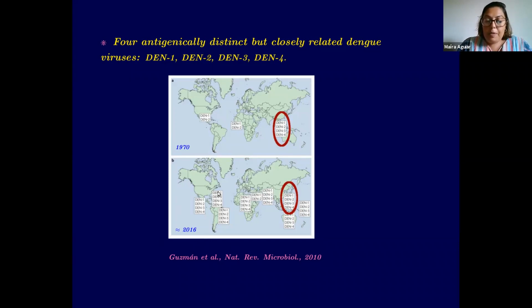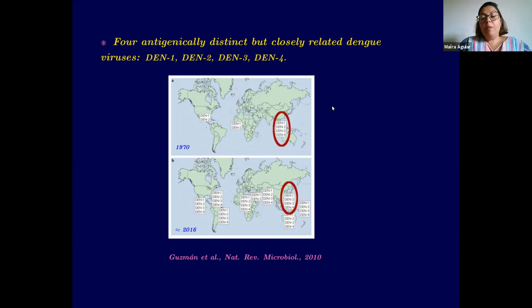So the 4 serotypes are now co-circulating in many parts of the world. This map also highlights the importance of having data on Southeast Asia, where the 4 serotypes have been coexisting at least since the 1970s, which gives us more information in terms of co-infections eventually, and secondary, tertiary, quaternary infections.